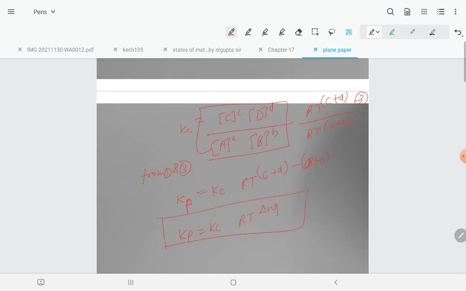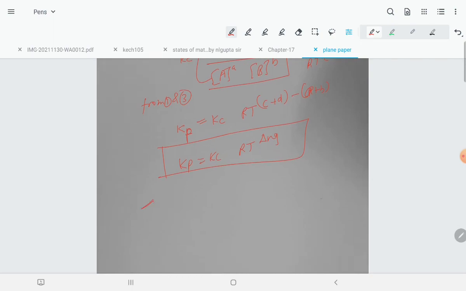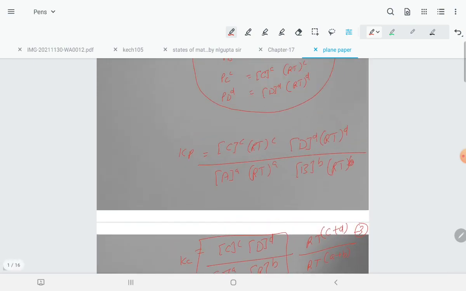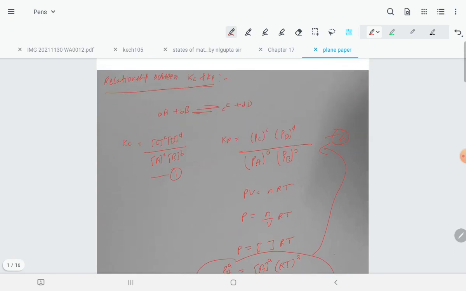And delta ng, students, is the number of gaseous products minus the number of gaseous reactants. This is all about the relationship between Kp and Kc.